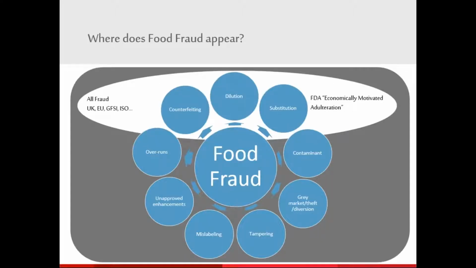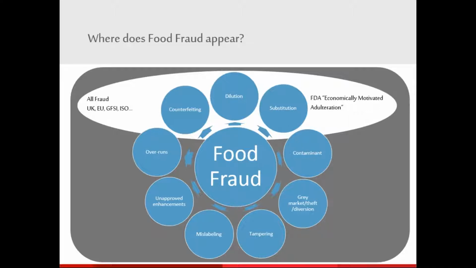Okay. Next, where does food fraud appear? Counterfeiting. So someone taking your product and making it their own. Maybe if you make something here in Missouri, for example, in the United States, back in, let's say, Russia or China, someone else is taking that product, reverse engineering it, making it and labeling it as your product, but they're selling it and making that money.